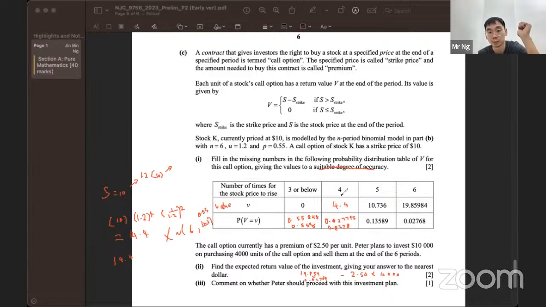And this value times the probability, this value times the probability, to get the expected value of just 1 stock. He buys 4,000 stock, so later you times 4,000.